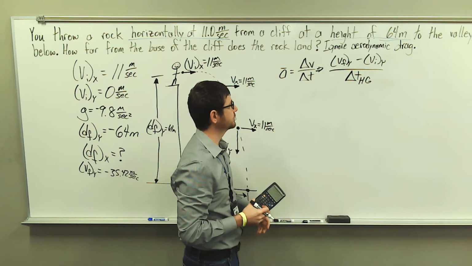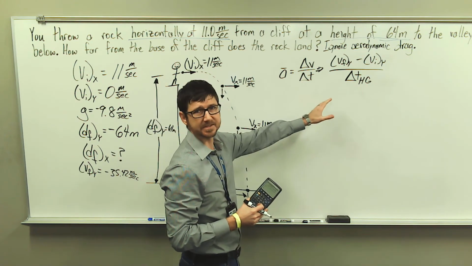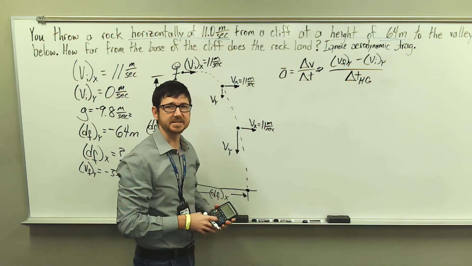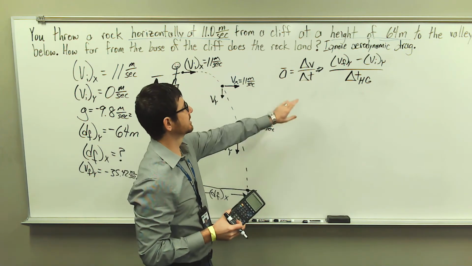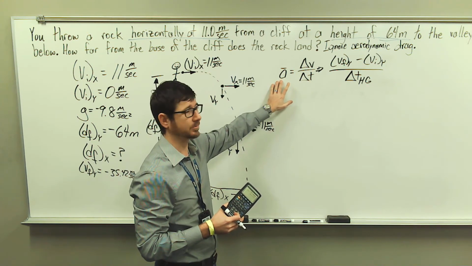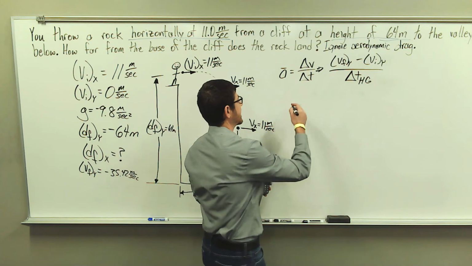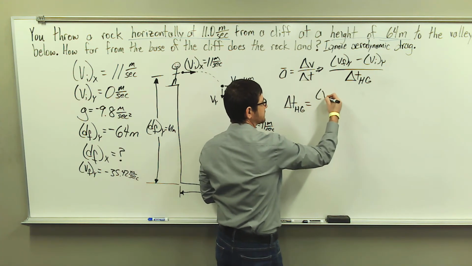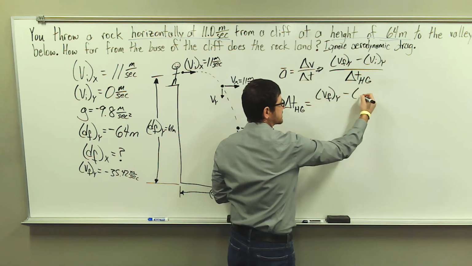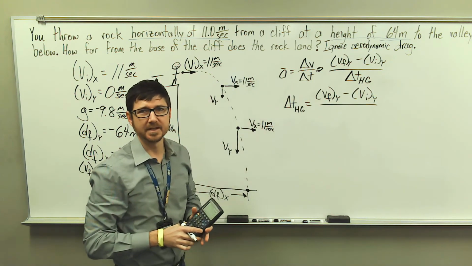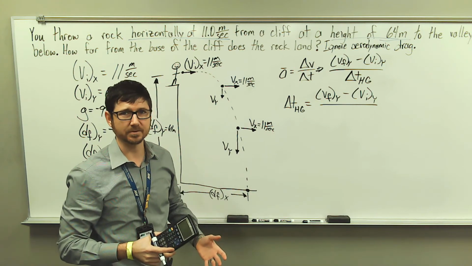So what I'm going to do is isolate the time to hit the ground by multiplying by delta t sub hg on both sides of the equal sign, and then I'm going to divide by the acceleration. Okay? So what we have here is the time to hit the ground is equal to the final velocity in the y direction minus the initial velocity in the y direction divided by the object's acceleration.